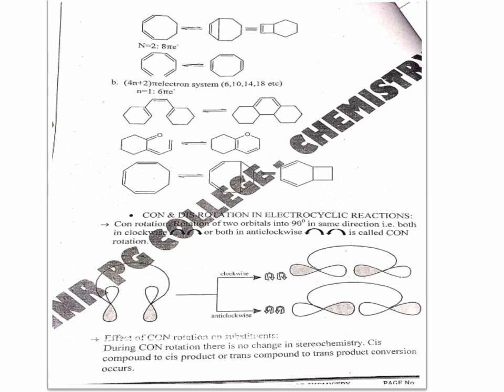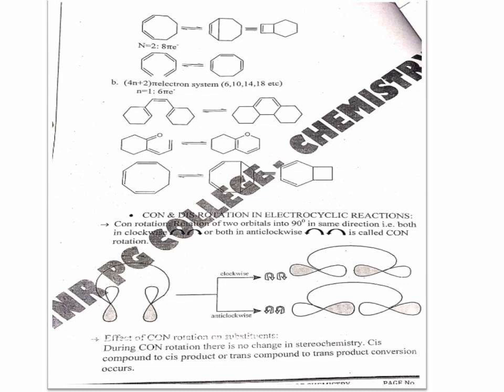There are 2 pi bonds, each having 2 pi electrons, so in total a 4 pi electron system. So this is an example where electrocyclization is happening over the 2 conjugated double bonds. At the end of the 2 conjugated double bonds, one new sigma bond has formed, and so it is an example of a 4 pi system.